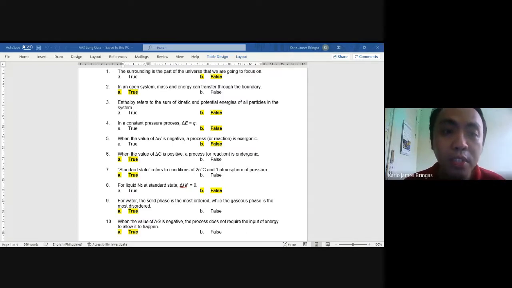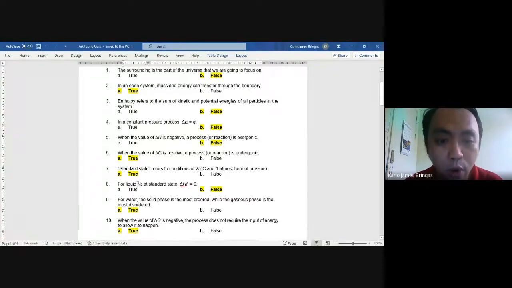In the opposite case, if delta G is positive, we have an endergonic reaction. In endergonic reactions, you need to input energy into the system so that the added energy will drive the reaction, allowing it to happen. So that is now your number 10.